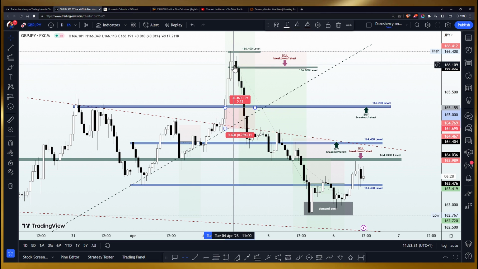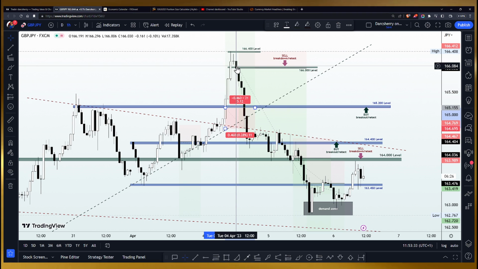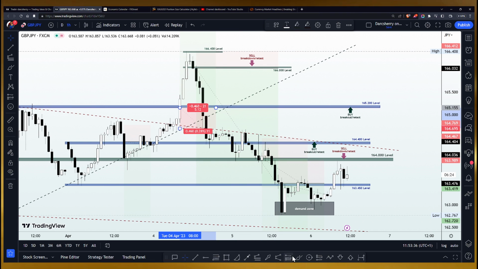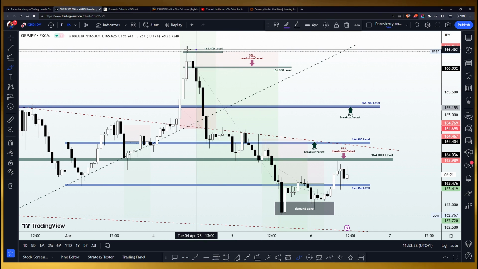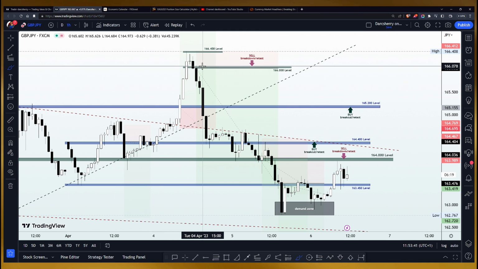And on that same Tuesday morning, we identified a simple setup between the 166.400 level and the 166.00 area, where we said a breakout or breakdown of that structure would welcome a sell or buy position in this market.